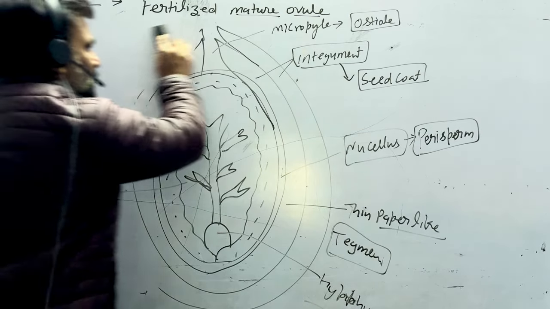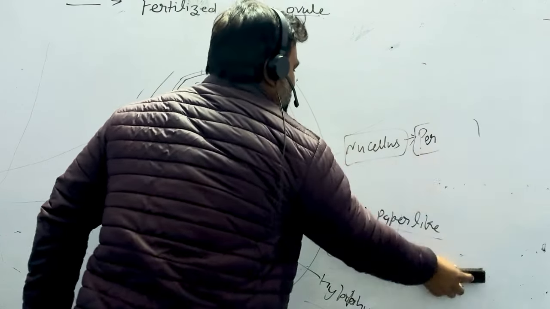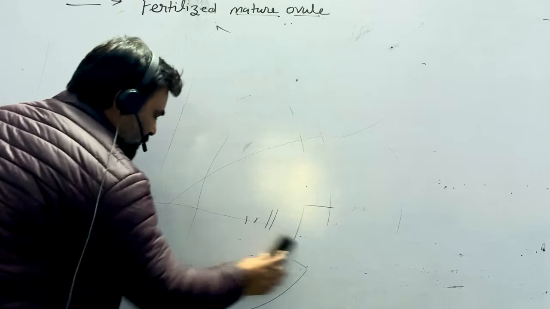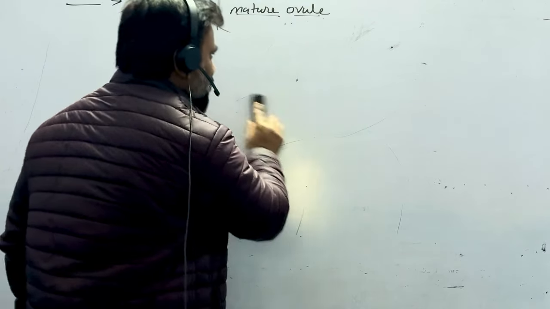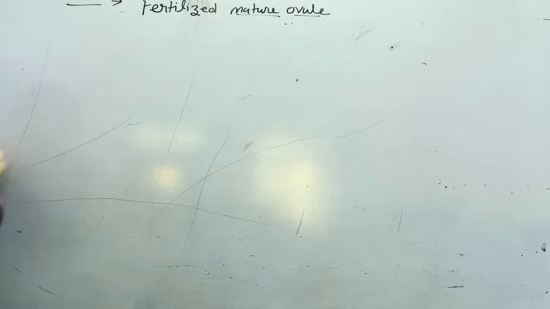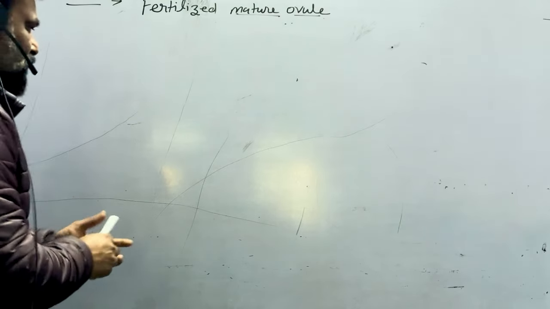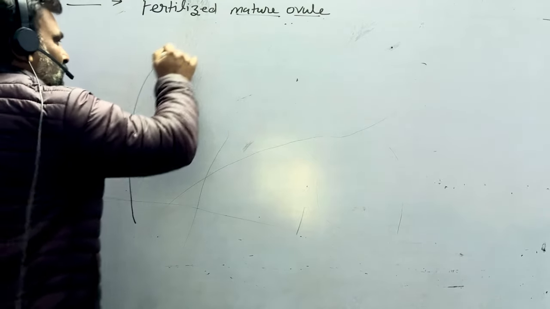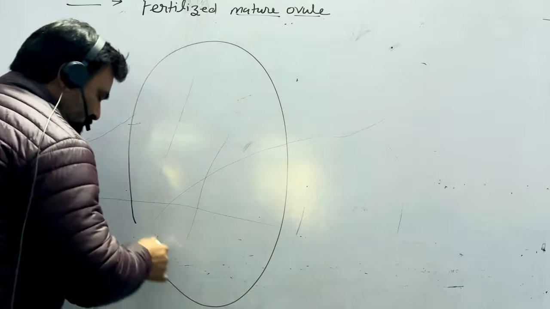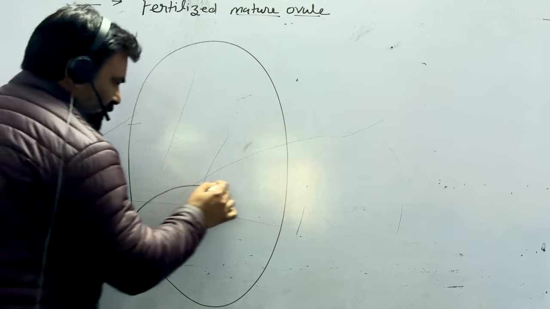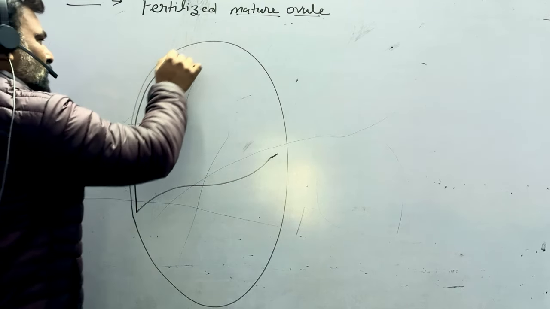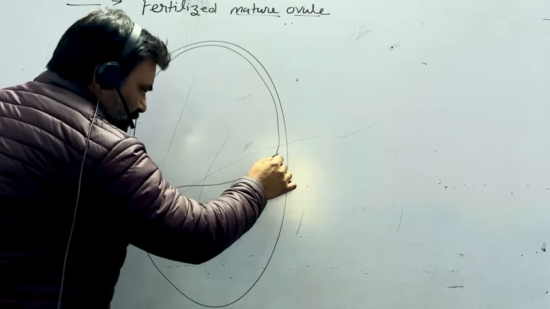Now we will discuss that the development of a seed is similar in both monocot and dicot, but the monocot seed has a different structure, as many monocot seeds consist of richer food material in the form of endosperm.